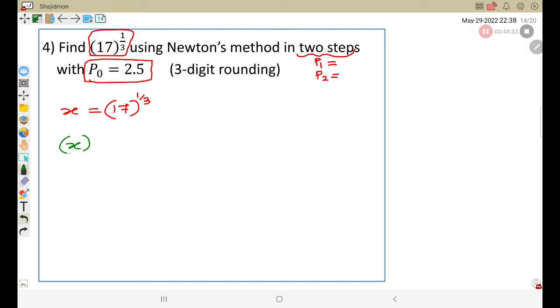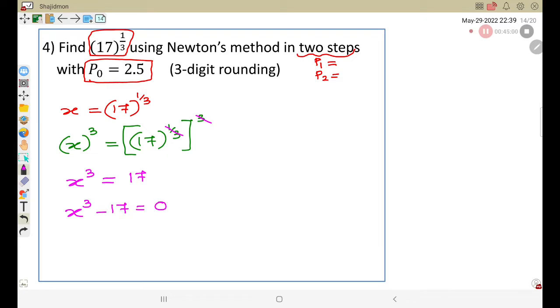So taking power 3: x power 3 equals 17 power 1 over 3, all power 3, for removing that power 1 by 3. So you will get x power 3, and the 3s will cancel, x power 3 equals 17. That means x power 3 minus 17 equals 0. Okay, taking it to the left side. So what will be our f of x?